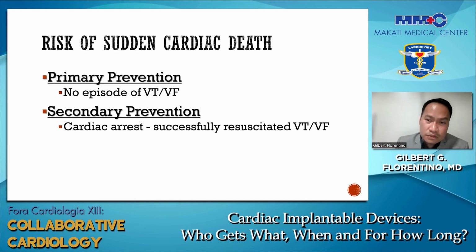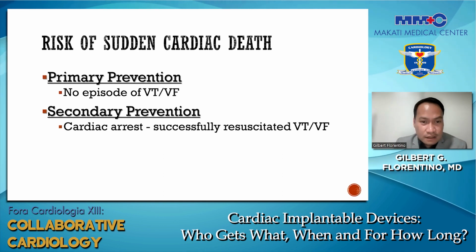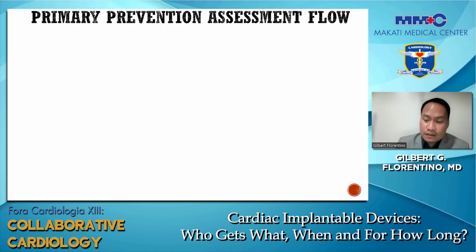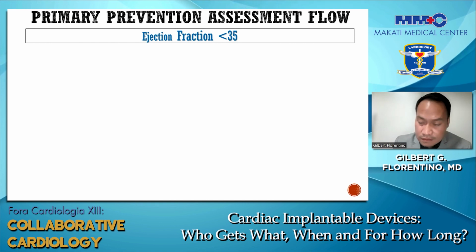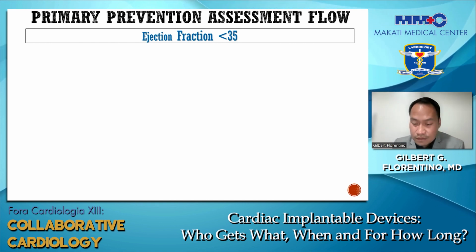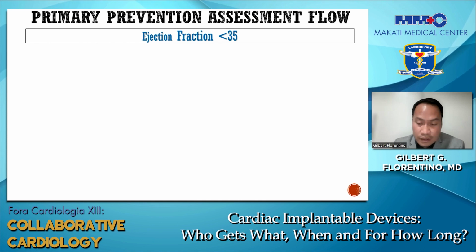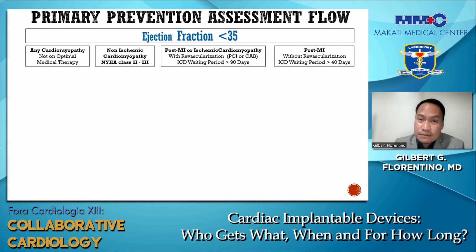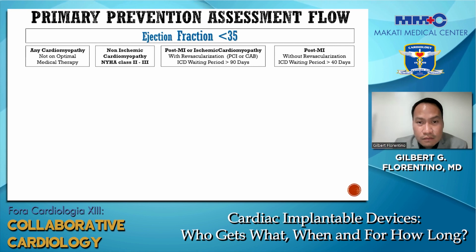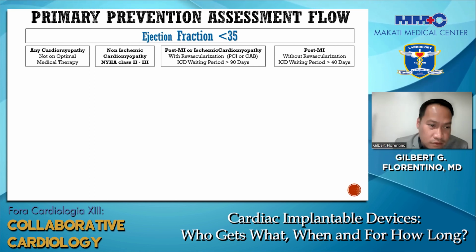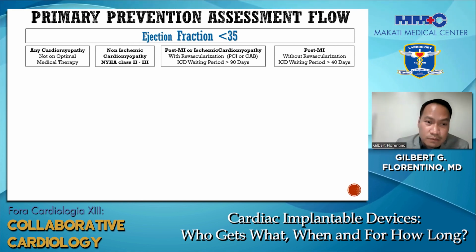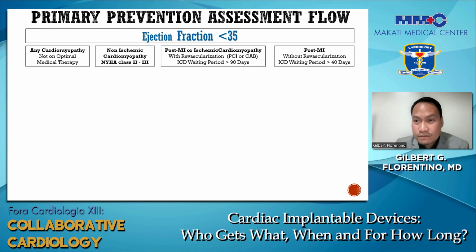So how do we reduce sudden cardiac death for our patients? Here we have a basic, simplified chart. Again, we have a patient with a low ejection fraction of 35 with the risk of sudden cardiac death, with cardiomyopathy that can be ischemic or non-ischemic. For ischemic cardiomyopathy, we can stratify them as without revascularization, or medical management only, no intervention. The waiting period is 40 days for primary prevention.